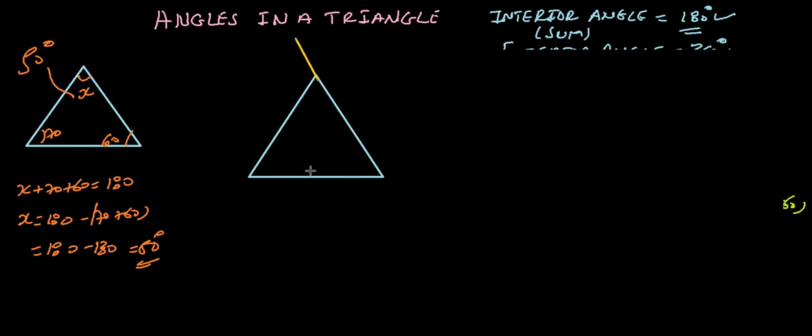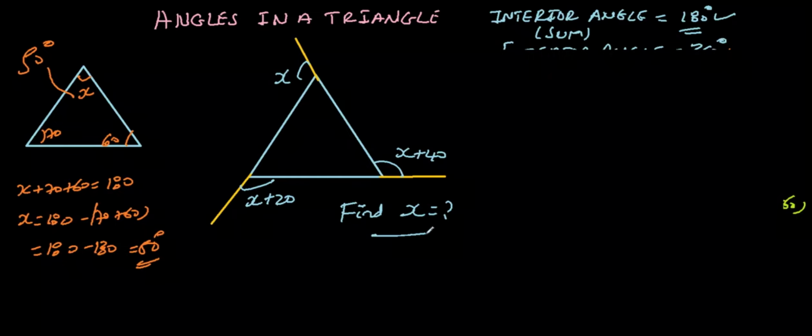There is one line here, and another line here, and another line here, and if this angle is given as x plus 40, and this one is x, and this one is x plus 20, and you are requested to find x, what are you going to do?